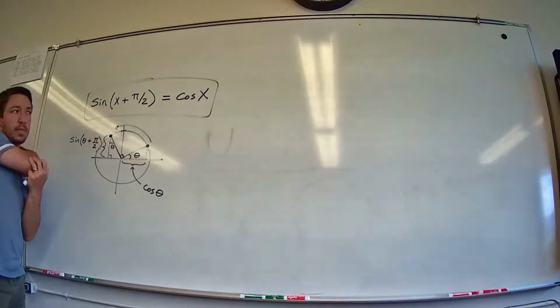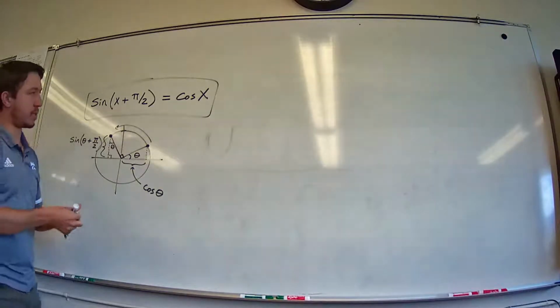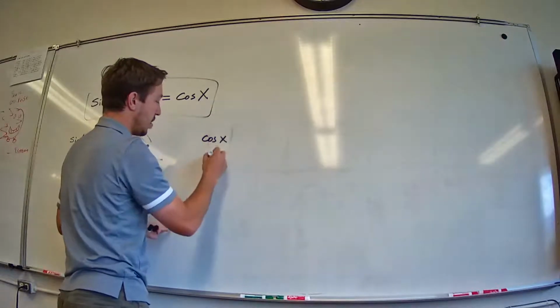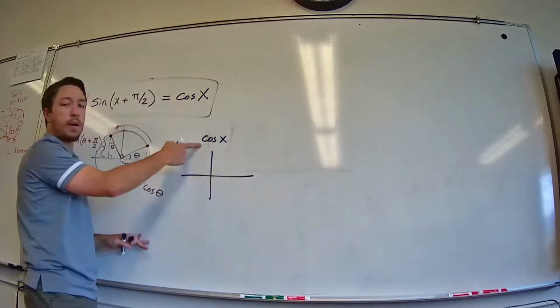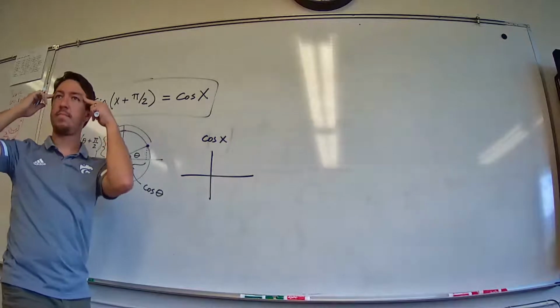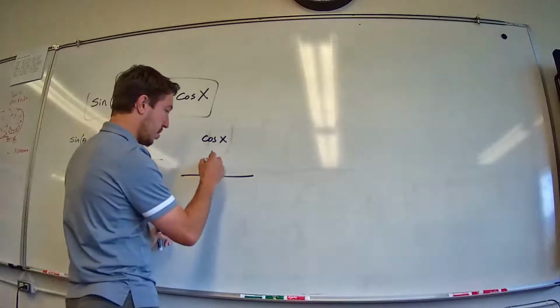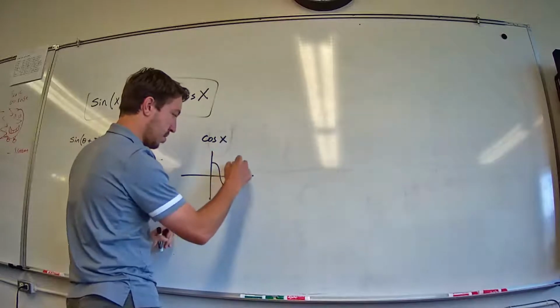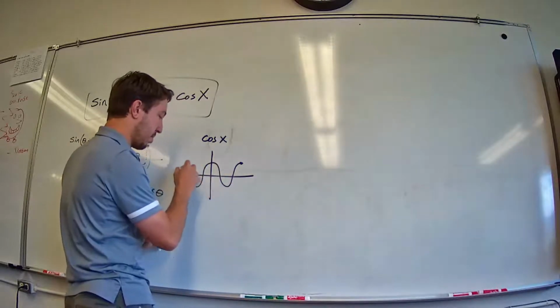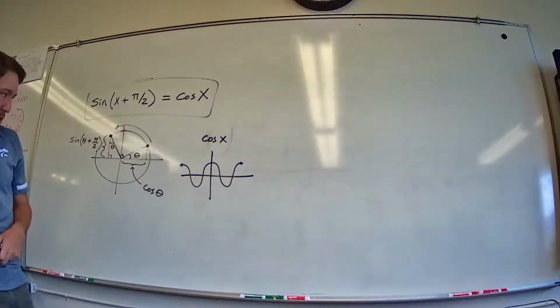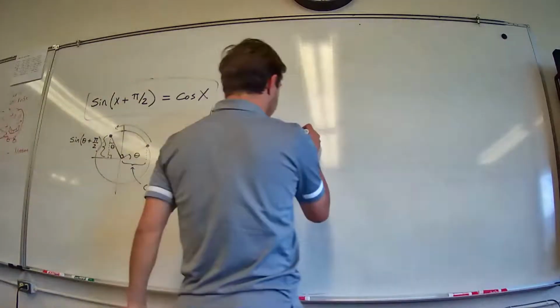In terms of the graphs, though, what does this graph look like? Cosine graph, can you visualize it? Nice and symmetrical, right? It's an even function, all that good stuff. How about the sine function?